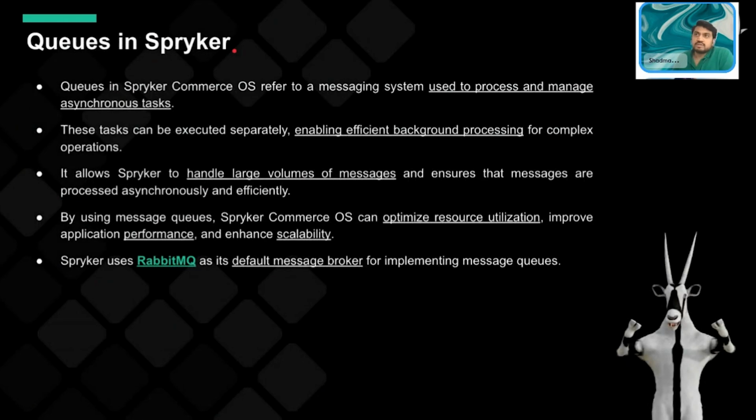Okay, before jumping into more detail, let me tell you that in Spryker, we are using queues to perform some asynchronous tasks. Normally, if we are facing some complex logic or complex operations, we use queues in order to process those in the background.